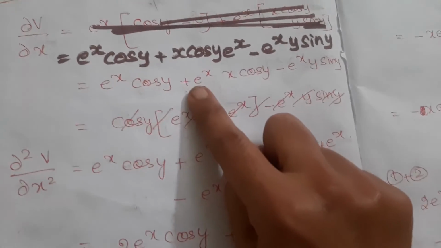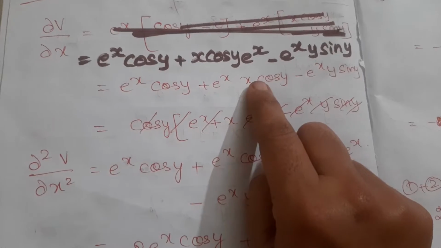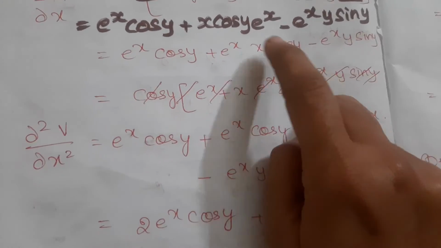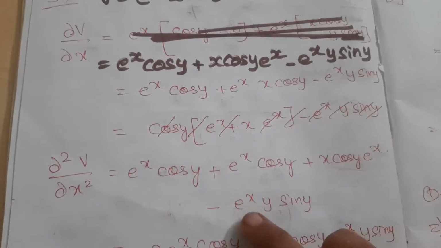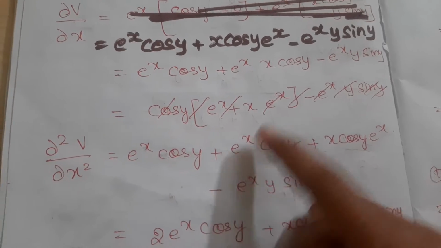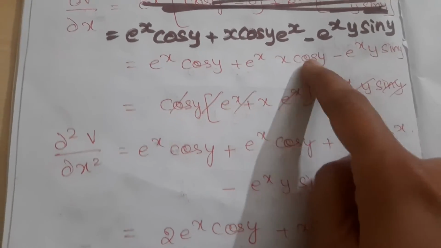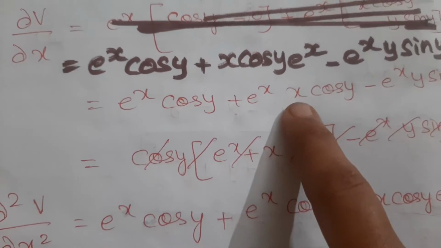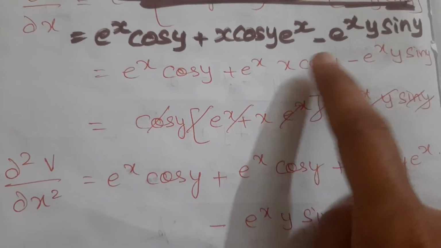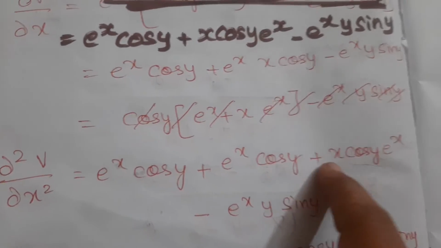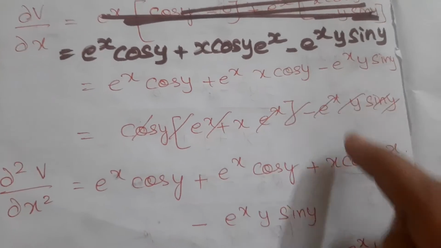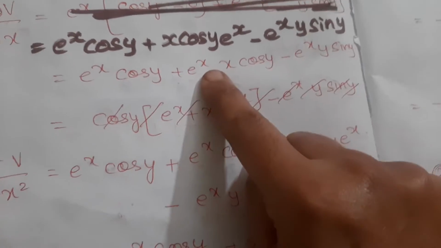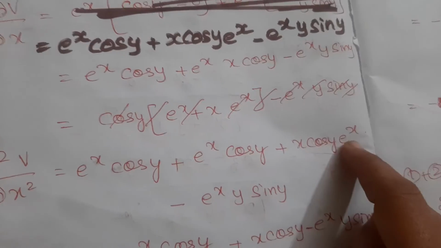I take this function as u and x cos y as v. First I keep e power x as it is and differentiate the other term. The differentiation of x is 1, so cos y as it is, plus x cos y as it is, and the differentiation of e power x is e power x.